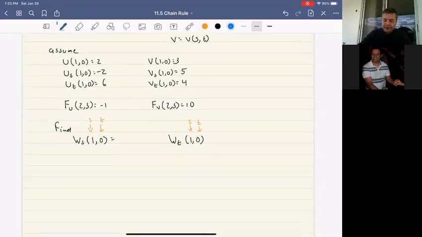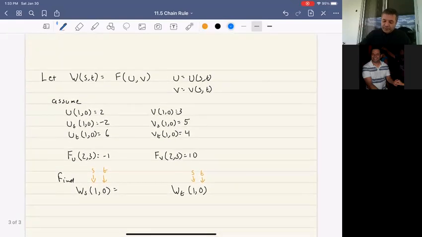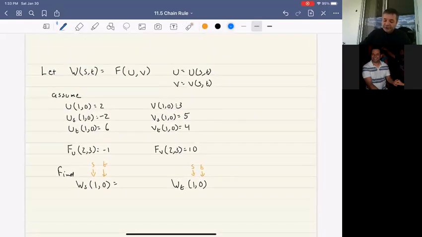Well, when S is 1 and T is 0, U equals 2 and V equals 3.